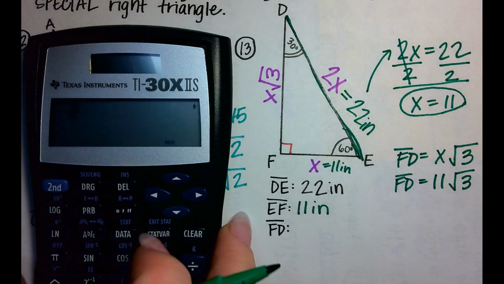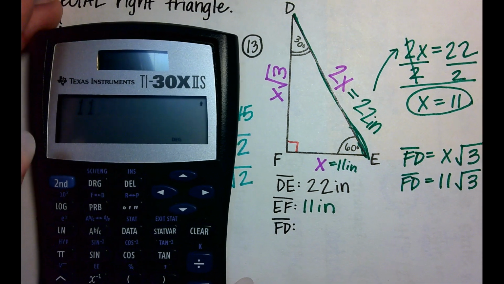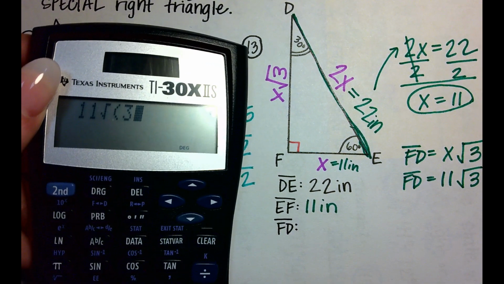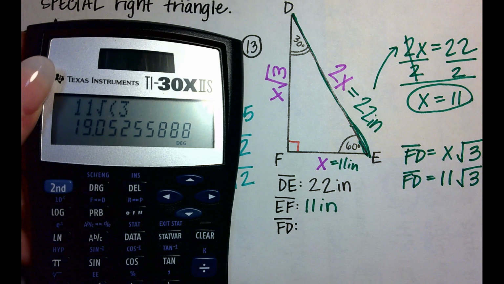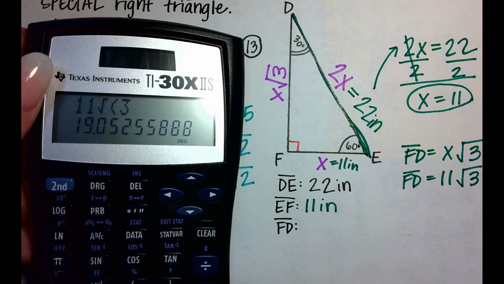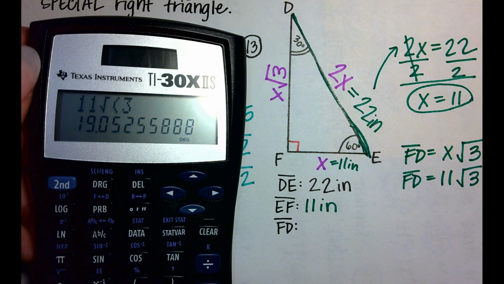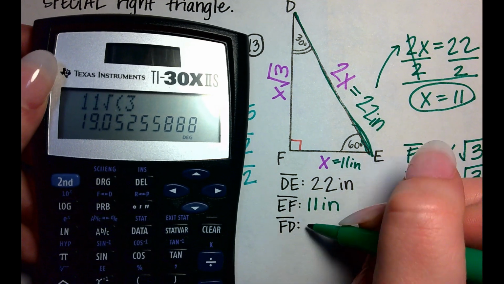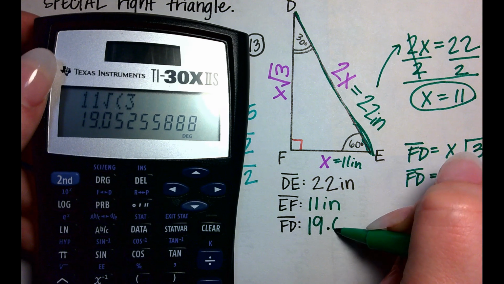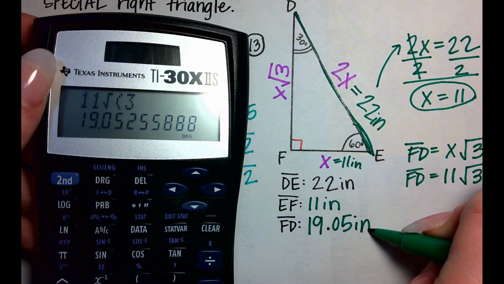Let's see what happens. 11 second x squared radical 3. You got the same thing? Good. You guys should get about 19.05 inches.